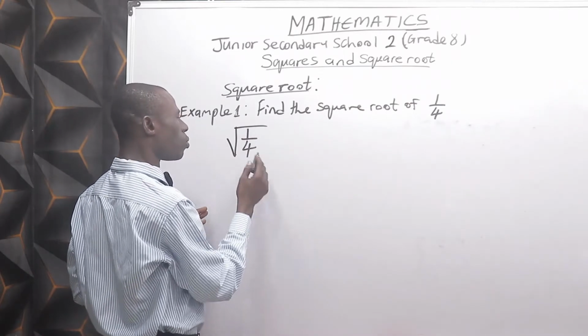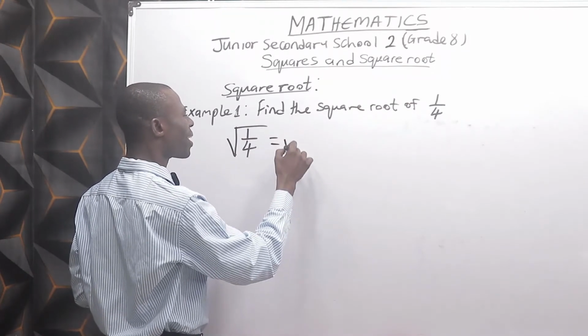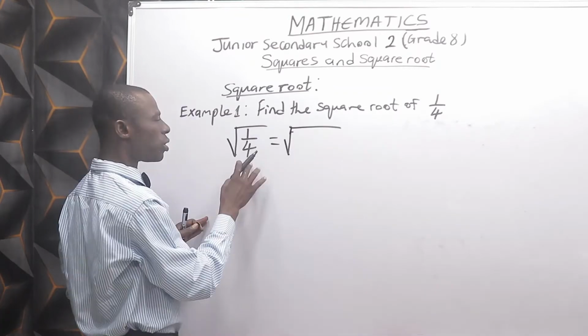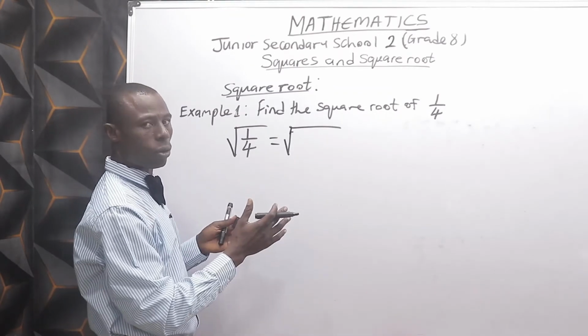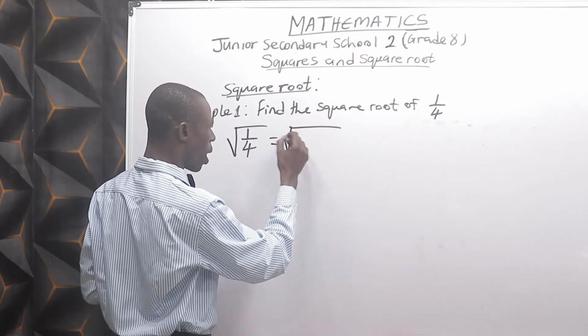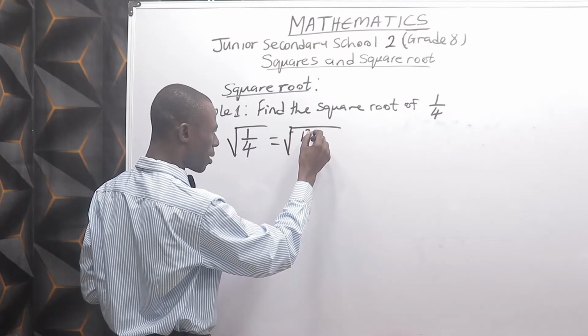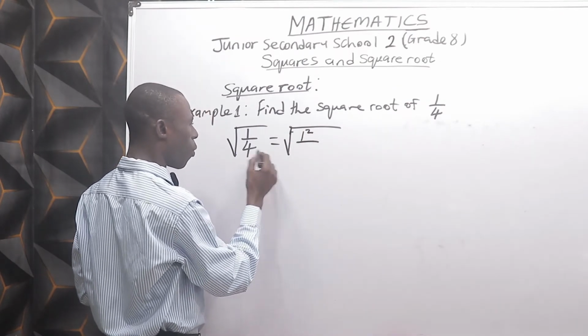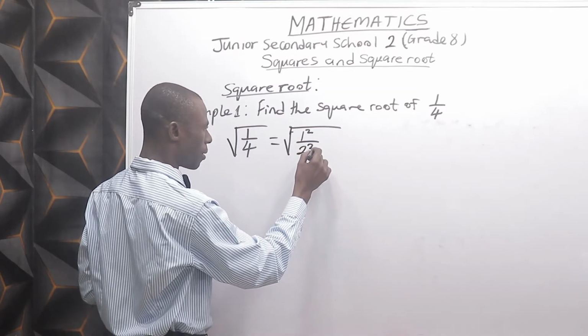And how do we find the square root of 1 over 4? Try to break the number in the root into factors. Express 1 as 1 squared and 4 as 2 squared.